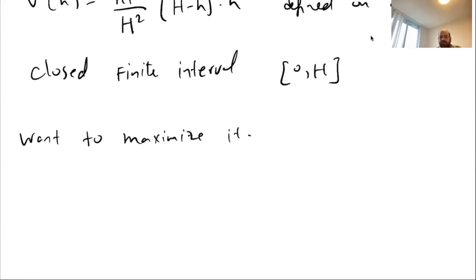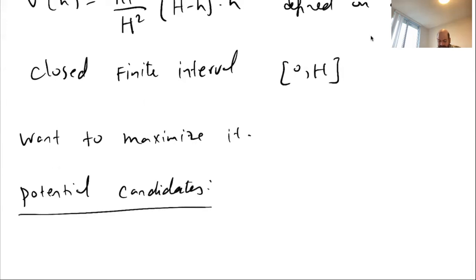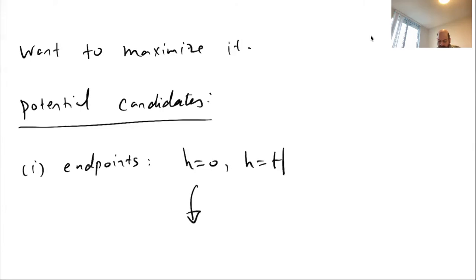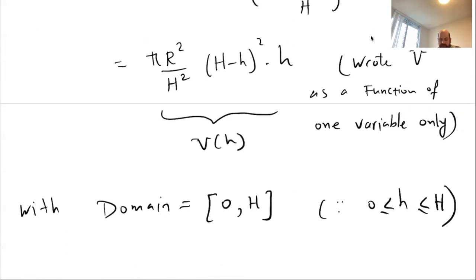So what were the potential candidates? Potential candidates were the endpoints. What are the endpoints? Well, h equals 0 and h equals capital H. And what about the outputs corresponding to these? Remember the formula for V of h?